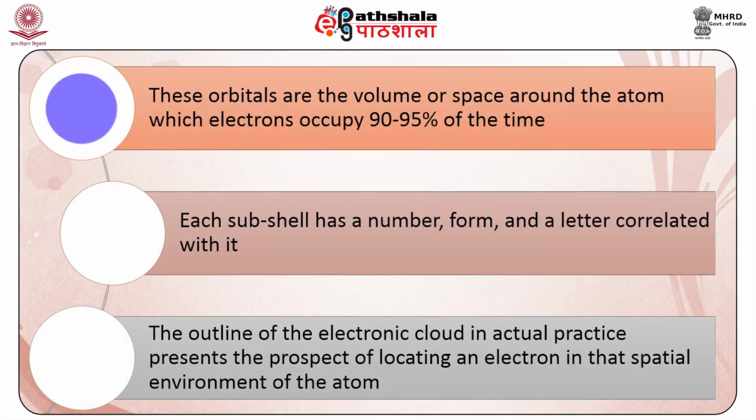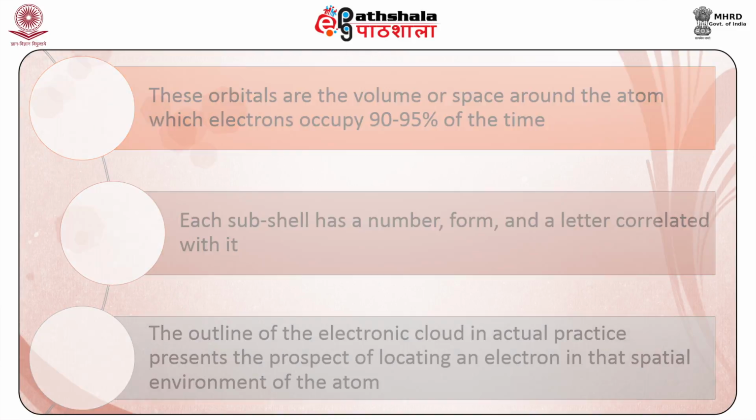These orbitals are the volume or space around the atom which electrons occupy 90 to 95% of the time. Each subshell has a number, form, and a letter correlated with it. The outline of the electronic cloud in actual practice represents the probability of locating an electron in that spatial region of the atom.